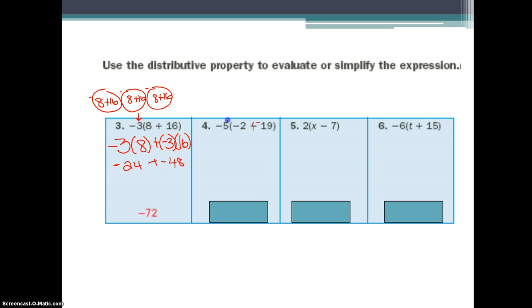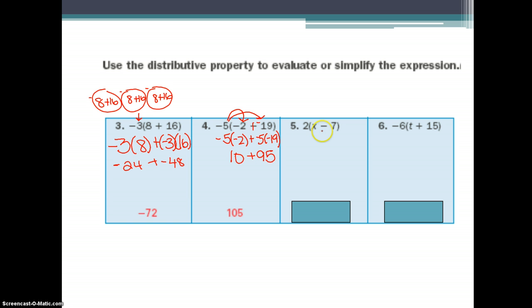Sure, you could do that. But remember, sometimes they're going to put a variable, so you need to know how to distribute the number on the outside. So 5 groups, so negative 5 times negative 2 plus negative 5 times negative 19.